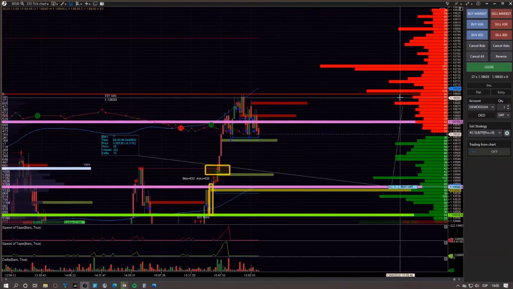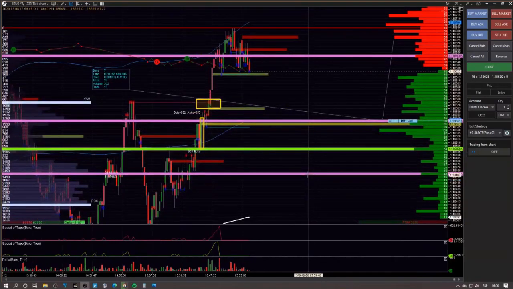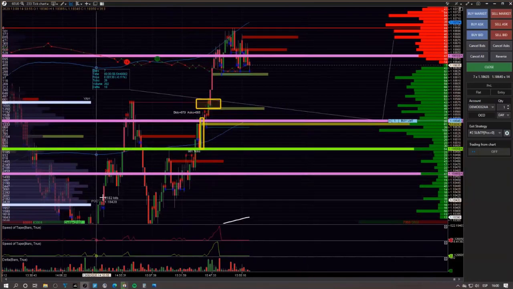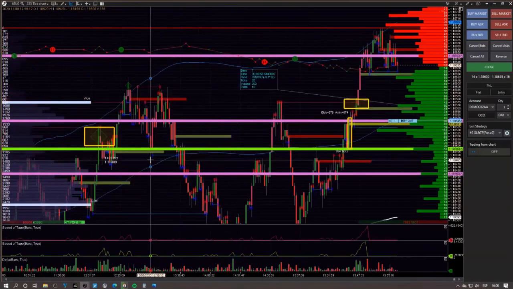We can see now how the price is starting to move down. Let's see if we can get filled. And if we can get filled, we will be able to set the stop loss, which I think will be below this area here, because we know how many buyers enter here.